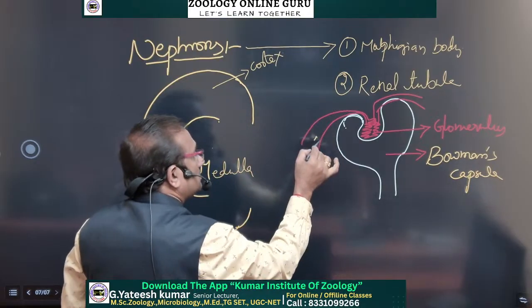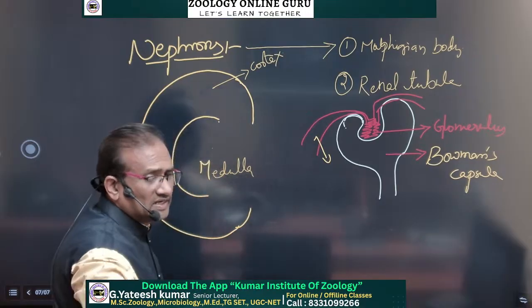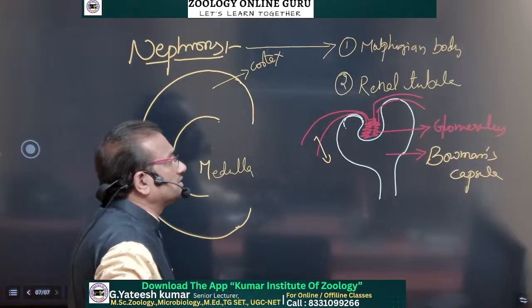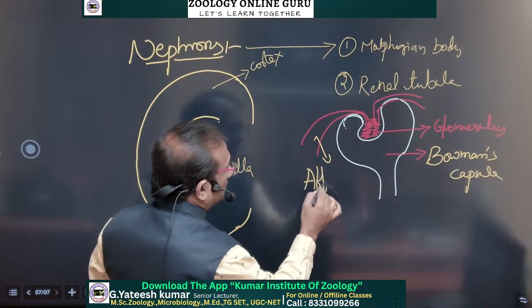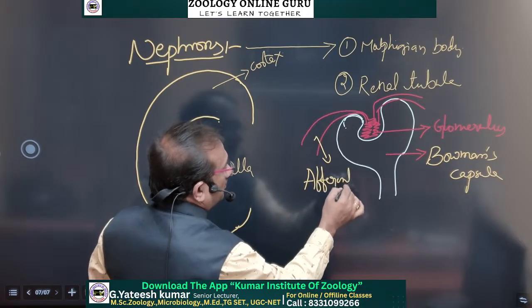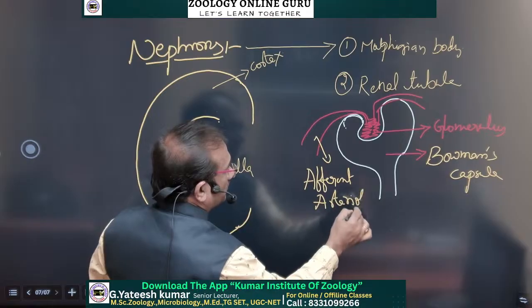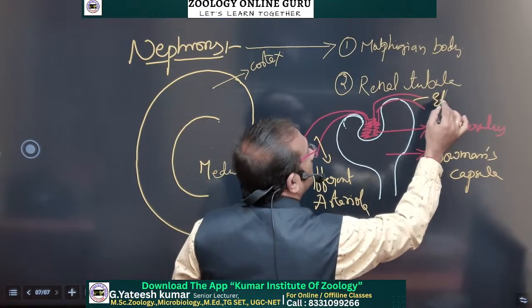Here this blood vessel, we just discussed the entry of the renal artery, segmental arteries, arcuate arteries, interlobular arteries, then the arterioles. This is the afferent arteriole, and leaving outside is the efferent arteriole.